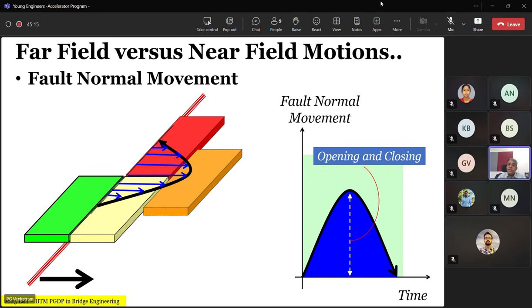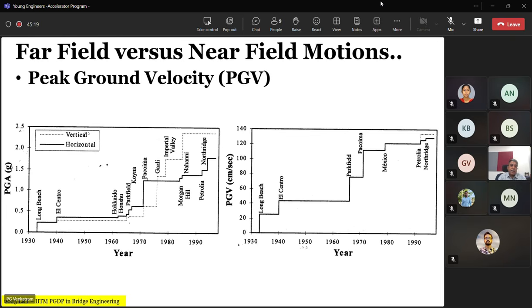So each one of them generates two different kinds of waves in the ground, right? And these are some peak ground accelerations and velocities for the near field and far field that have been measured. There are vertical and horizontal accelerations that you can see. The dotted lines are the vertical ones, and the bold line is the horizontal one.